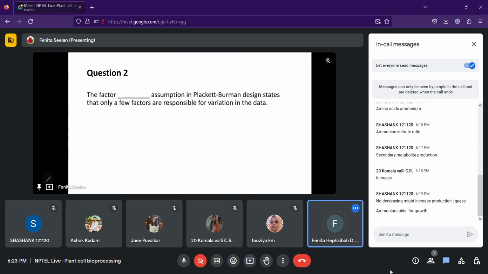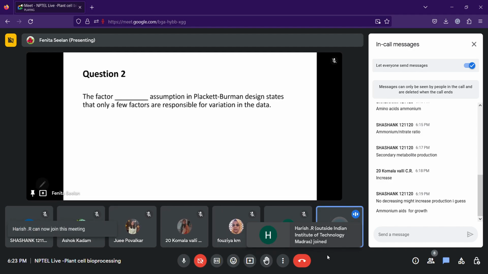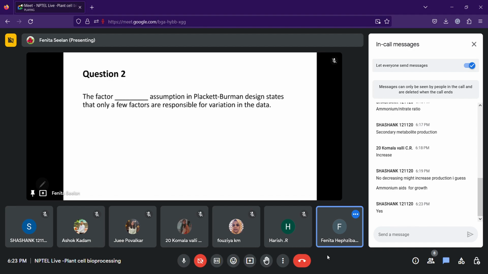Okay, first, do you guys know what Plackett-Burman design is? Have you gone through the lecture slides, and were you able to understand it? Okay, Shashank knows. Then Shashank, what is the answer for this question? The factor dash assumption. What is the assumption?